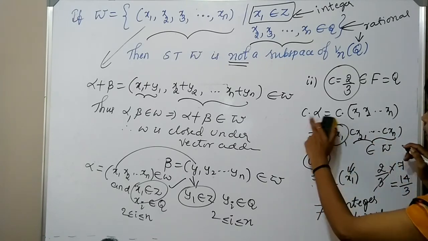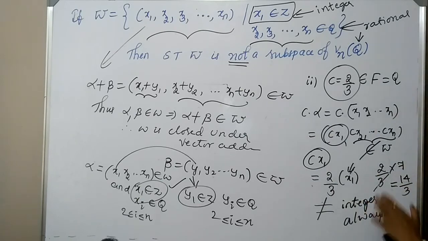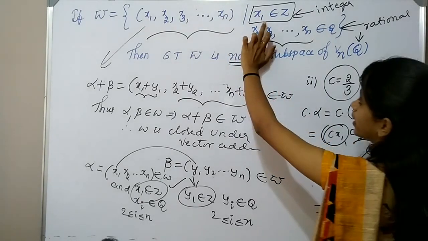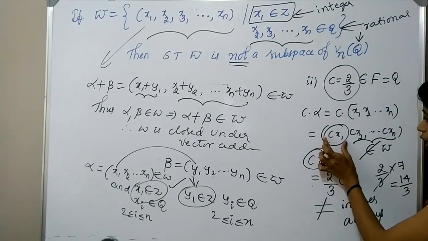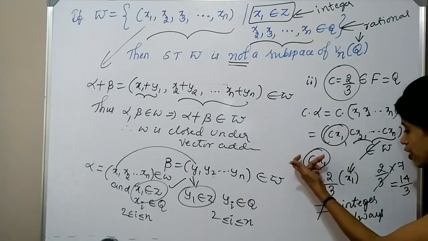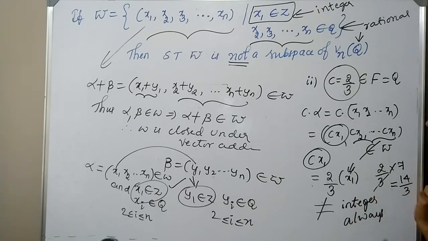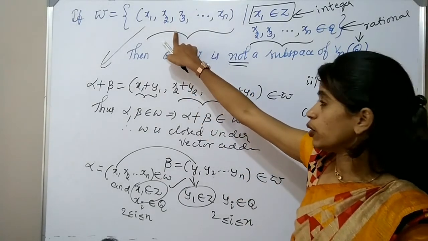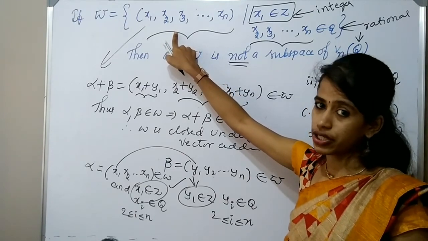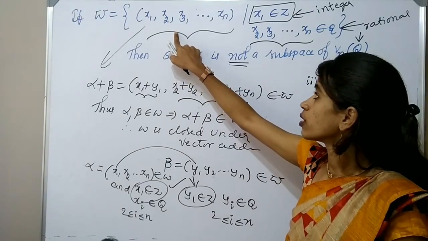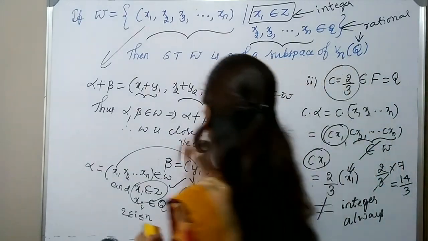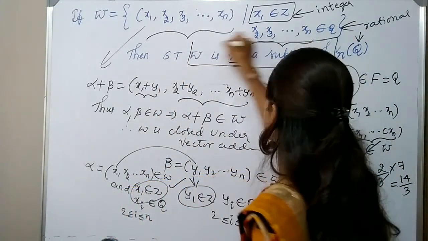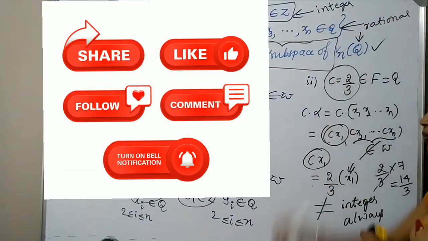Therefore c dot alpha does not belong to W. To be in W, the first coordinate must be an integer and the remaining coordinates must be rational numbers. Here the first coordinate fails to be an integer. So clearly the set W does not satisfy the second condition, that is, it is not closed under scalar multiplication. Therefore we conclude that W is not a subspace of Vn of Q. Is it okay?